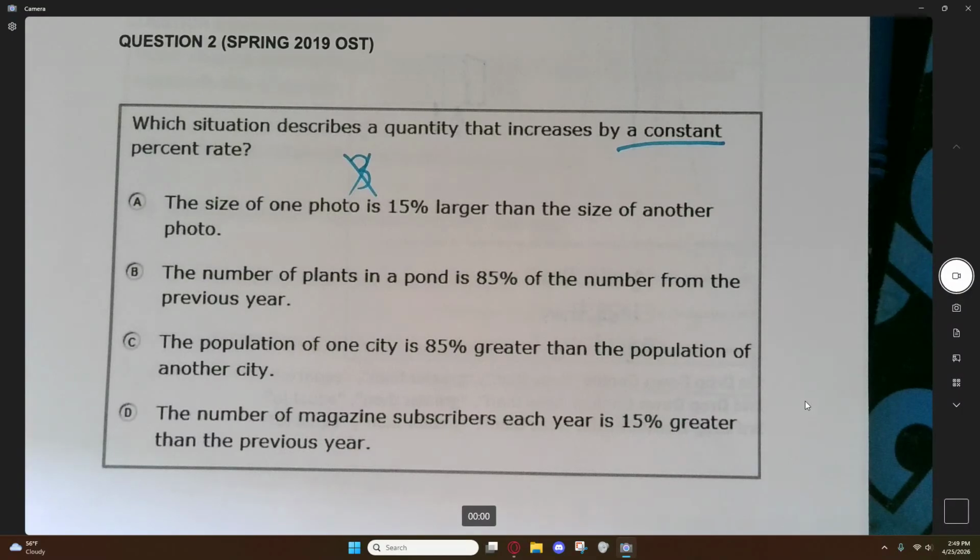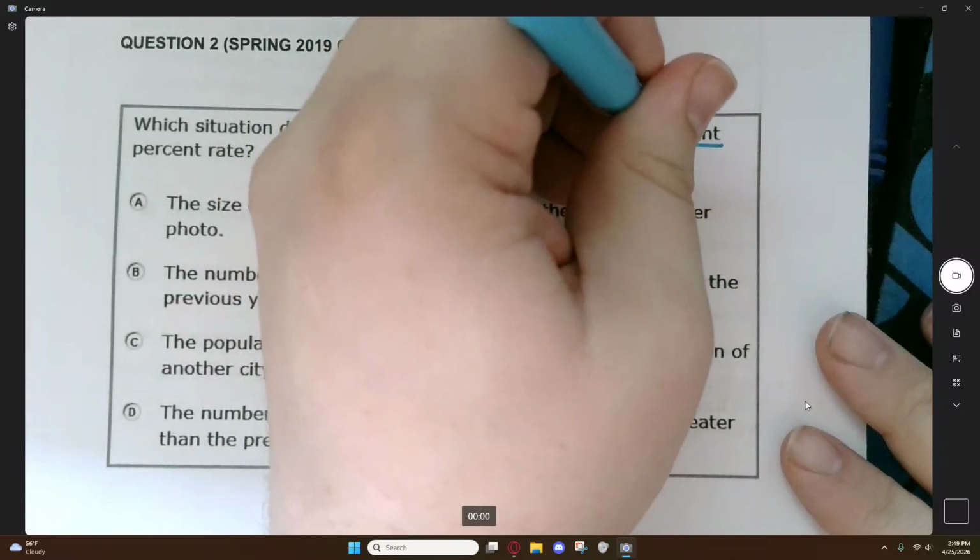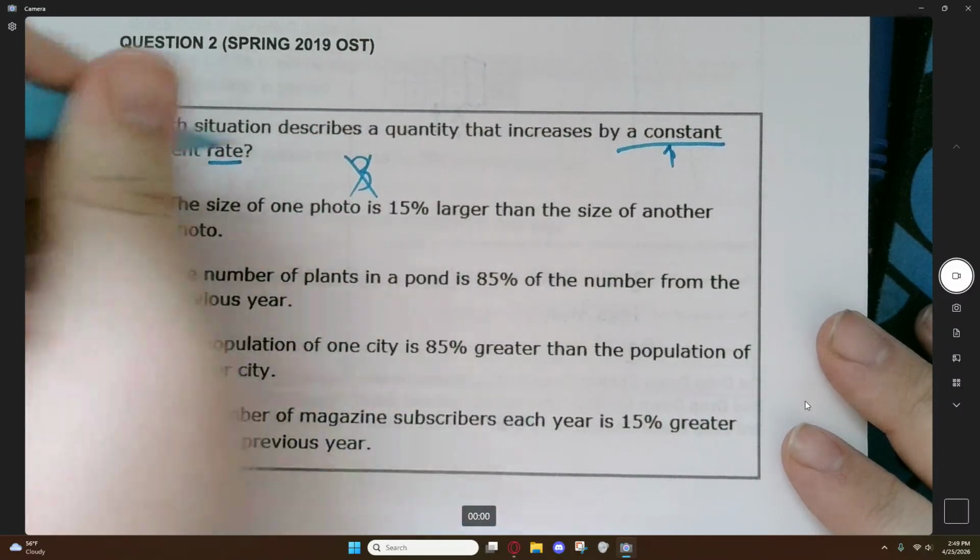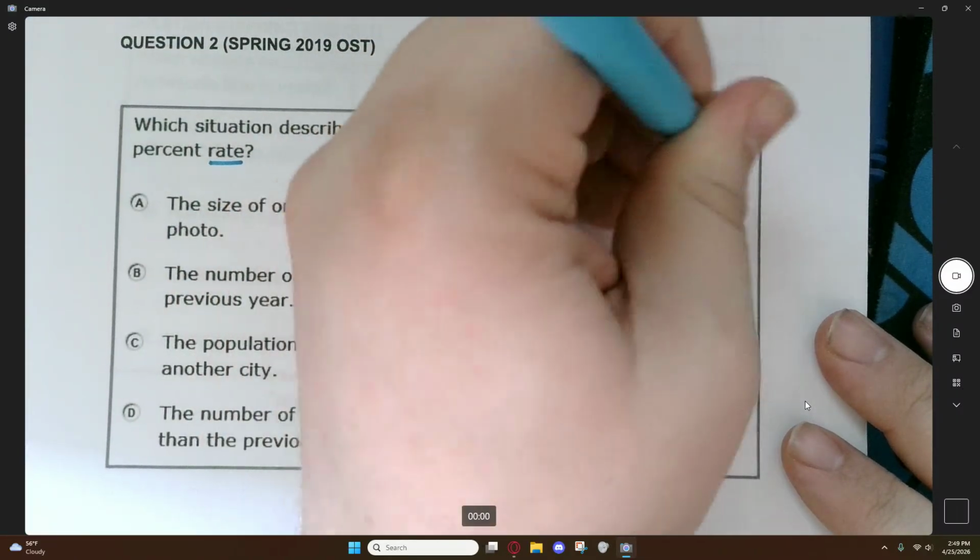Even some people say, oh, they're constantly getting on me, right? They're constantly doing this. They're constantly bothering me, right? That implies that it's happened more than once. So when you think of constant in the terms of rate, you have to think of more than once.